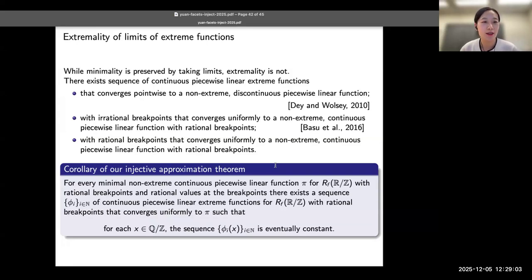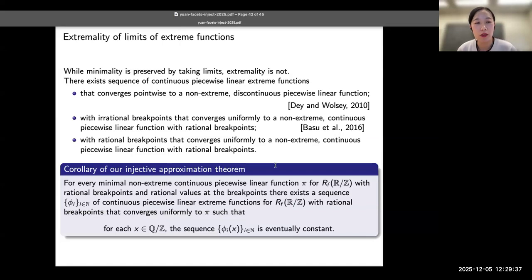So now we take a sequence of functions. If each function is minimal, then taking the limit, it also is a minimal function. But extremality is not preserved by taking limits. Previously, we know there exists a sequence of continuous piecewise linear extreme functions that converges pointwise to a discontinuous function, and the discontinuous one is not extreme.